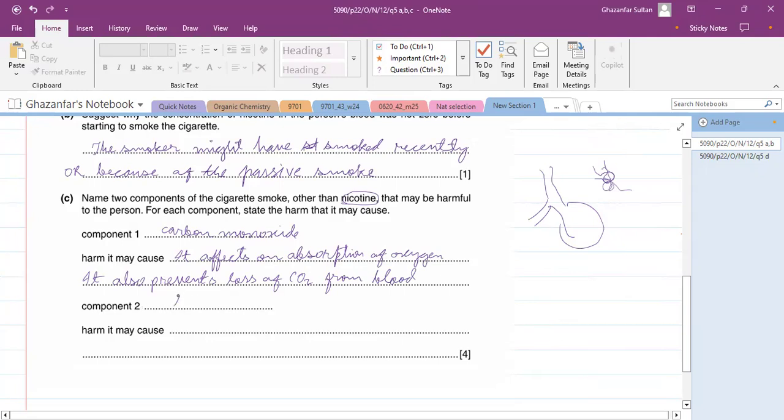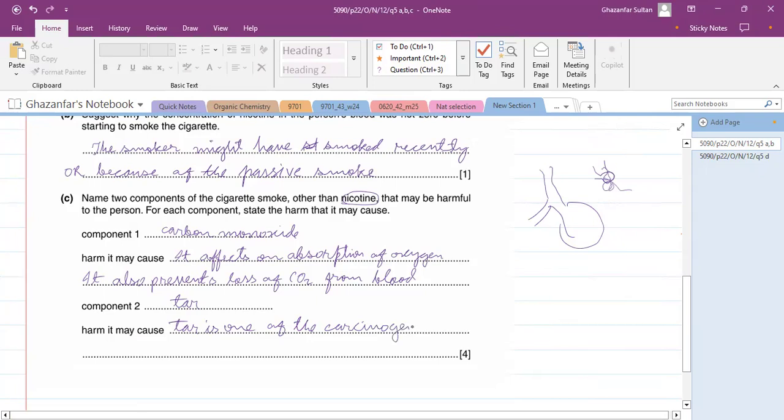Component 2 is the tar. Tar is a chemical. What does it cause? It is a carcinogen. It has carcinogenic properties. What is a carcinogen?